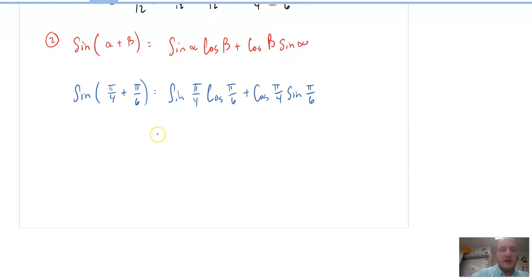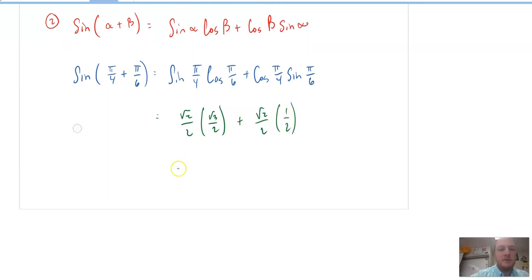All right, so we'll go ahead and simplify now. So square root of 2 over 2 times root 3 over 2, plus root 2 over 2 times 1/2. And here we get root 6 over 4 plus root 2 over 4.